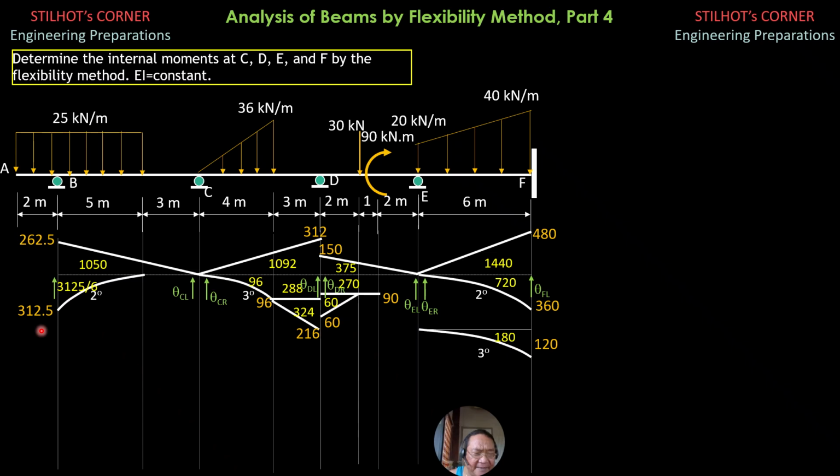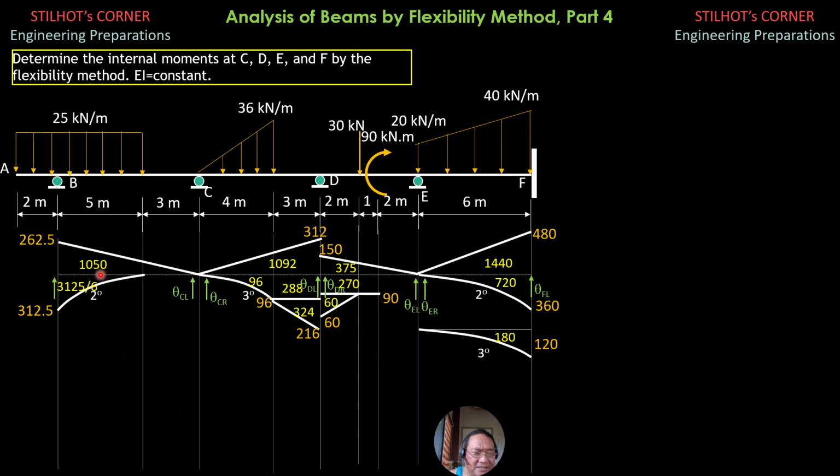is 312.5. And therefore, because this overhang has also negative moment, negative 25 times 2 times 1, negative 50. So supposedly the moment due to the support reaction at C is also 312.5 minus 50, so that's why we have 262.5.